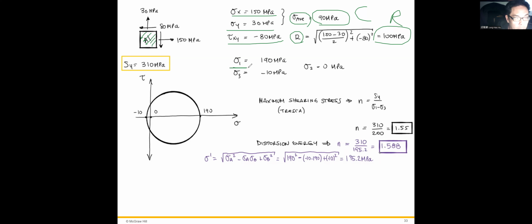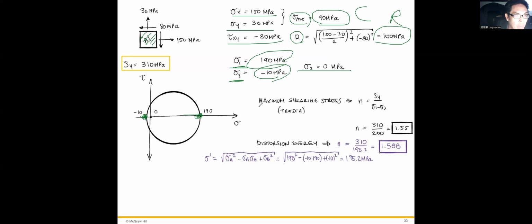After plotting the Mohr circle, the principal stresses can be found. So we have sigma 1 and sigma 3. Sigma 1 equals 190, sigma 3 equals minus 10, that's compression, and sigma 2 equals 0.